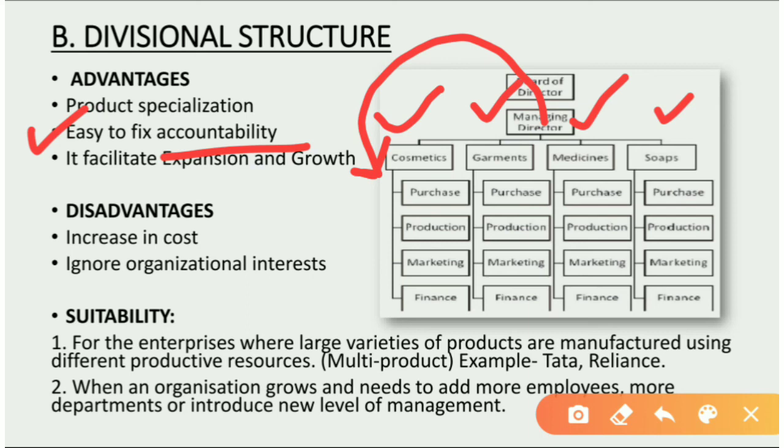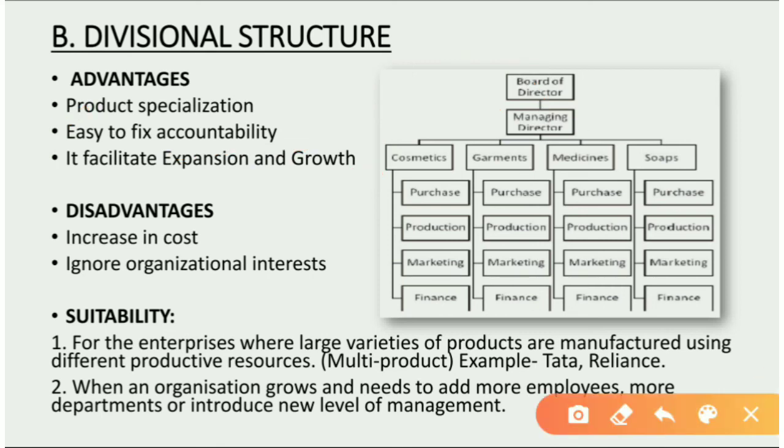So if the cosmetic department is making losses and the organization is facing problems because of it, only the cosmetic department will be blamed, and its head can be answerable. So it is easy for the manager to recognize the one who is answerable. In that case, the others will be safe.